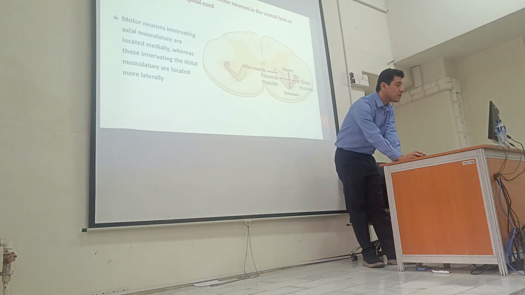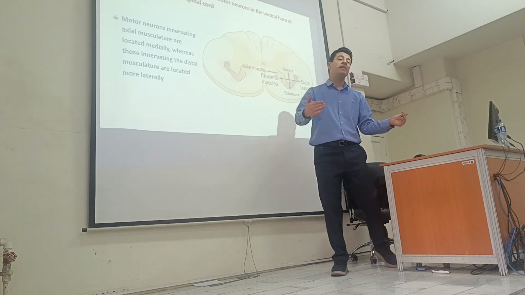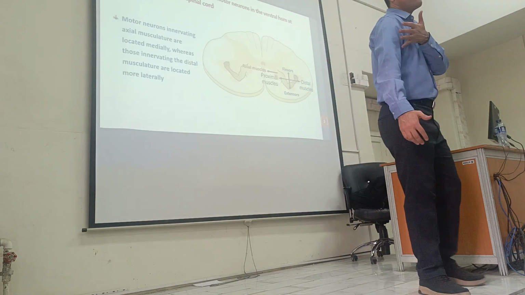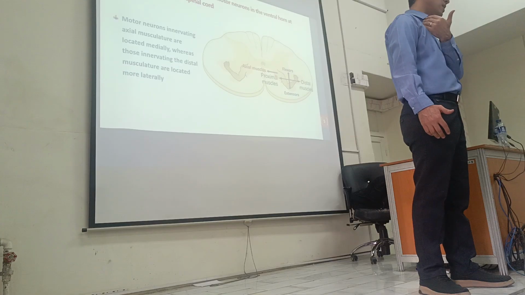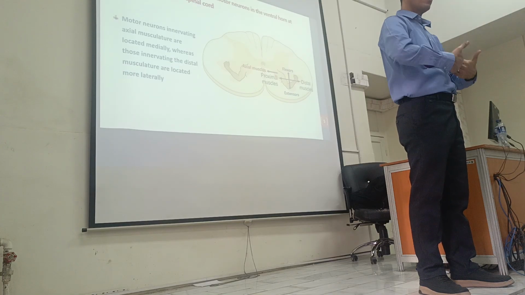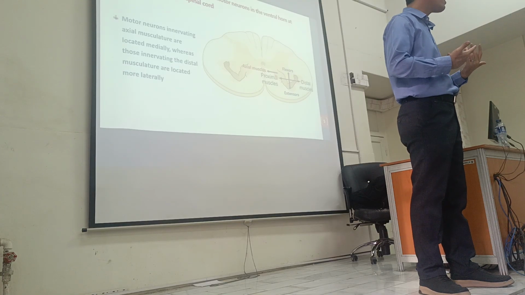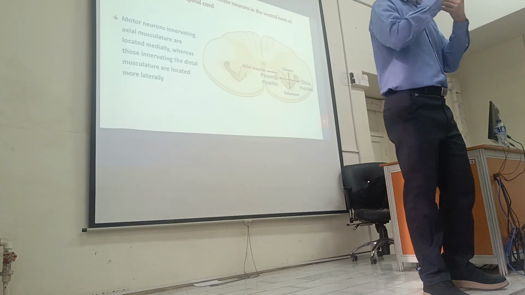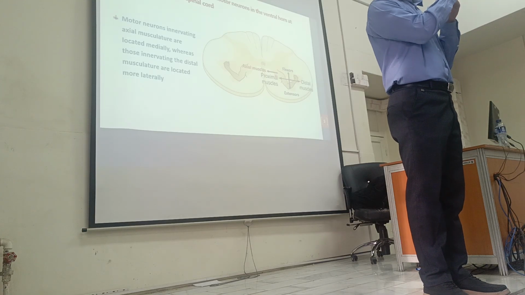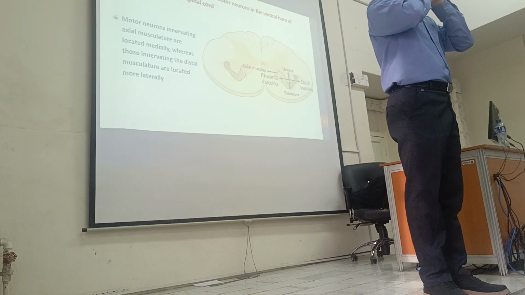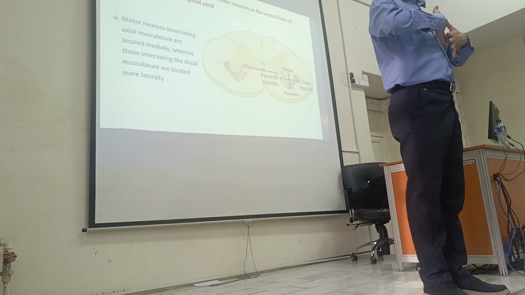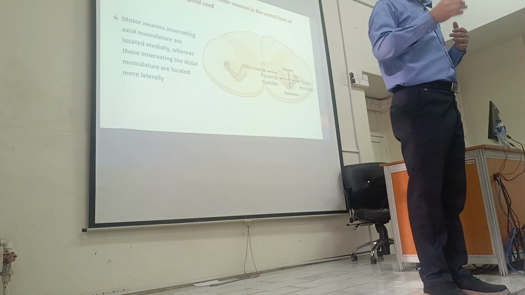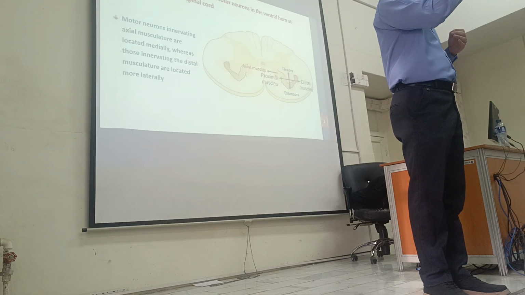Alpha motor neurons that are located in the medial side innervate the proximal part of the arm and also truncal muscles or axial muscles, right? Axial muscles are muscles around the spine, muscles of the neck, and muscles of the trunk, right, and are innervated by alpha motor neurons located medially.